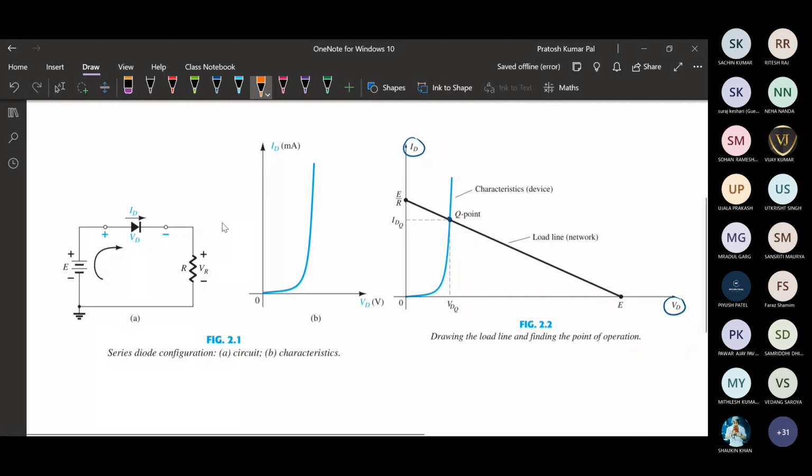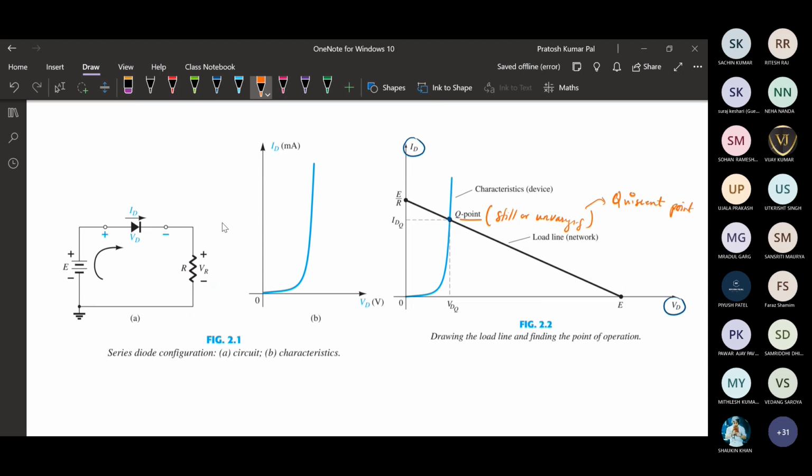This point is called the Q point or the quiescent point, a point that will not be moving or varying. That's why it is called a still point, or unvarying point, or Q point, the quiescent point.